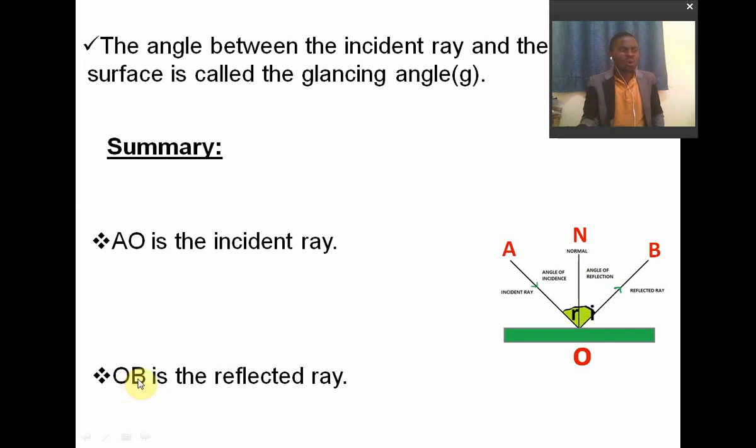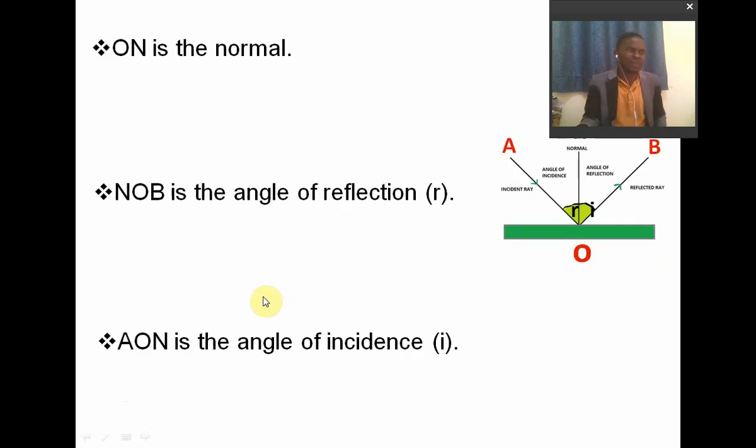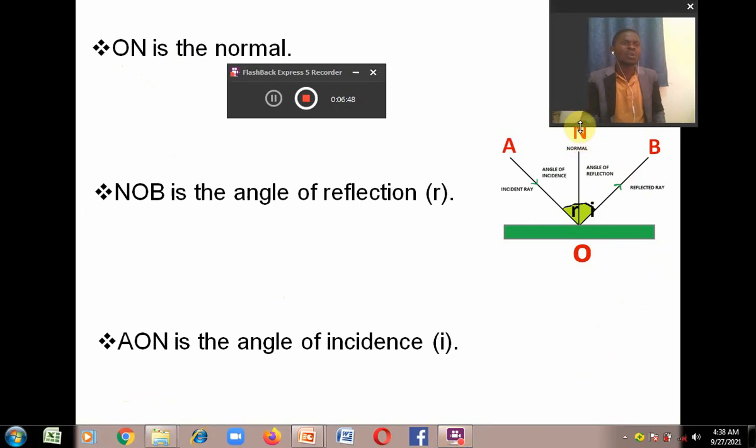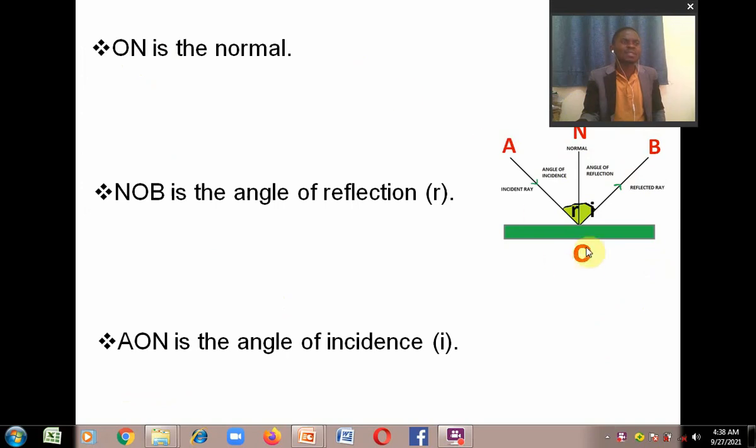Line OB gives us the reflected ray. Then line ON, that line there, is what we call the normal ray.